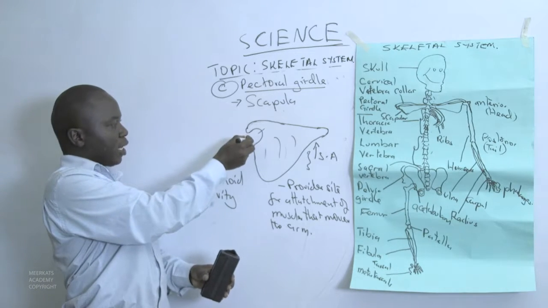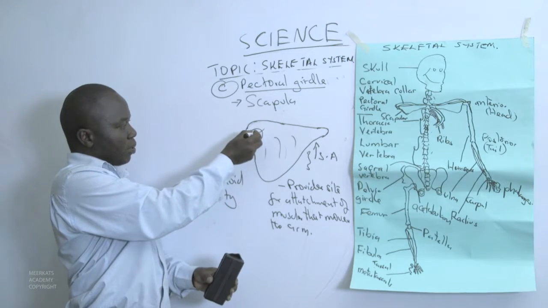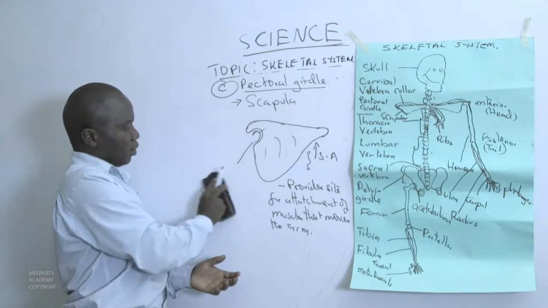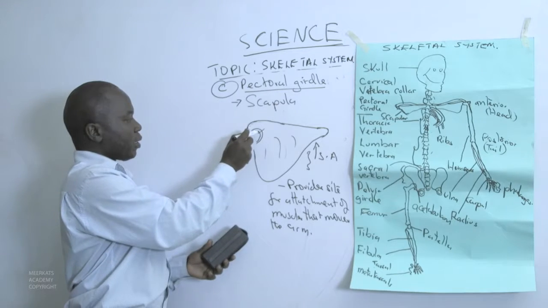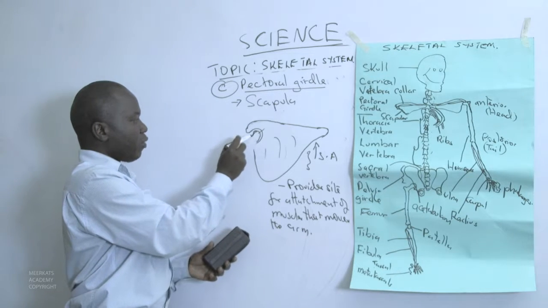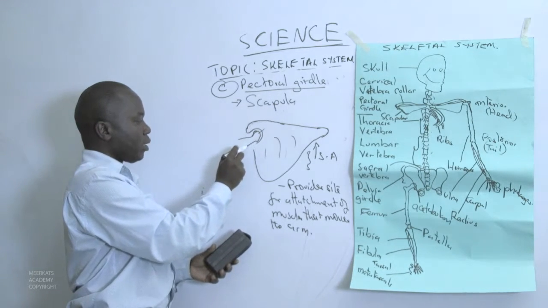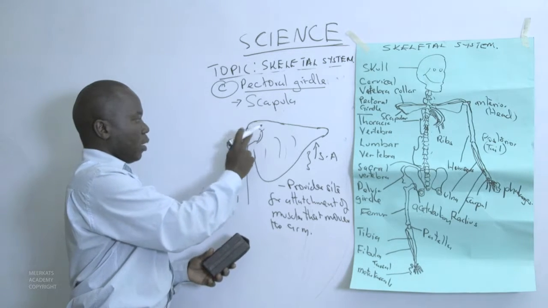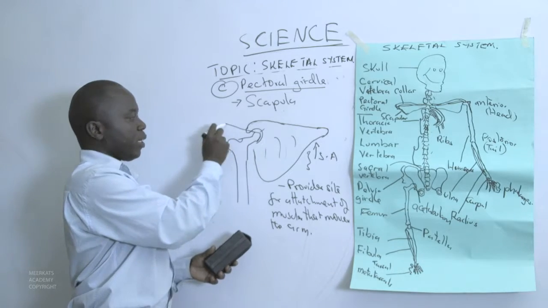But there is this cavity that we should talk about. This cavity usually forms a joint with humerus. So the head of humerus will articulate at that point, that way. And then it will form a joint.